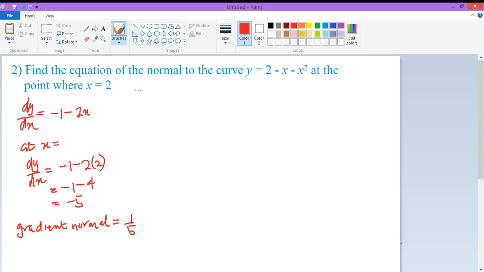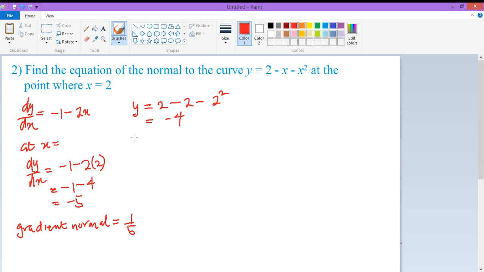Now, once we have obtained the gradient, let's obtain the coordinate at which we are going to calculate our equation. Given that s is equal to 2, y will be equal to 2 minus 2 minus 2 squared. This becomes 0. So we have minus 2 squared, which is minus 4.